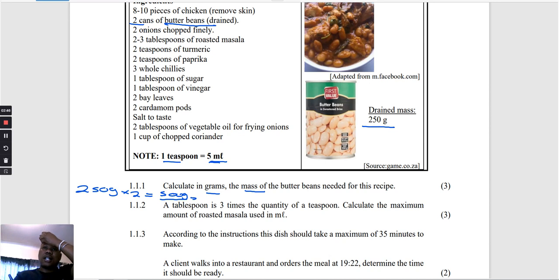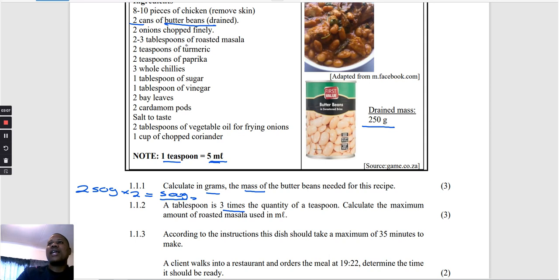Okay. The second question, they say a tablespoon is 3 times the quantity of a teaspoon, meaning that the tablespoon is bigger than the teaspoon. Okay, so calculate the maximum amount of roasted masala used.